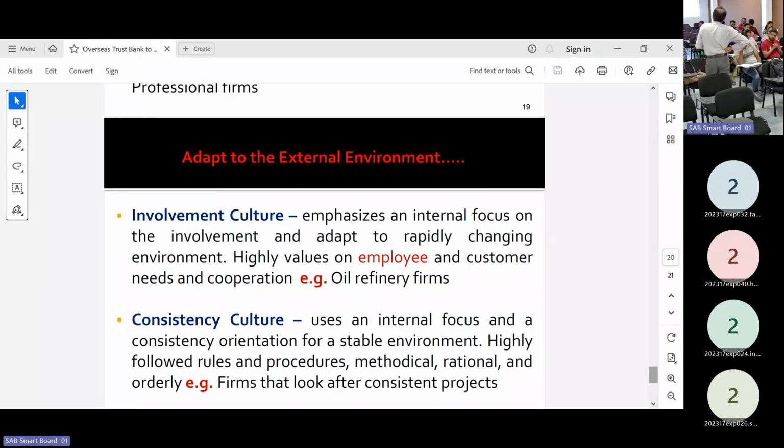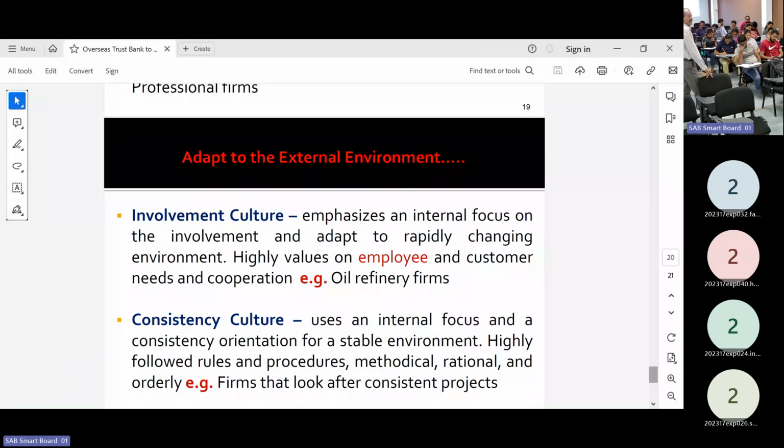Then Caltex, ExxonMobil, even gas companies, no? Shell Gas, Electro, they might be using this involvement strategy. These are highly high-tech companies, no? Because they cannot rely upon others. They have developed those capacities.